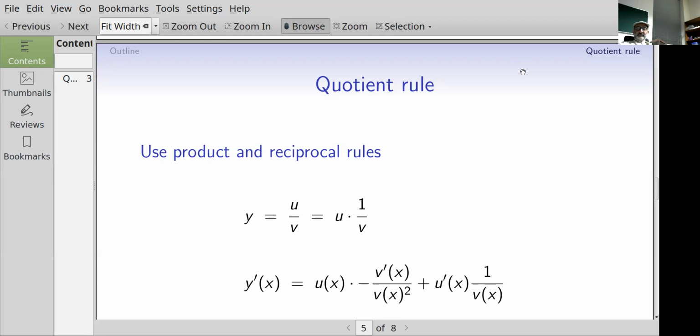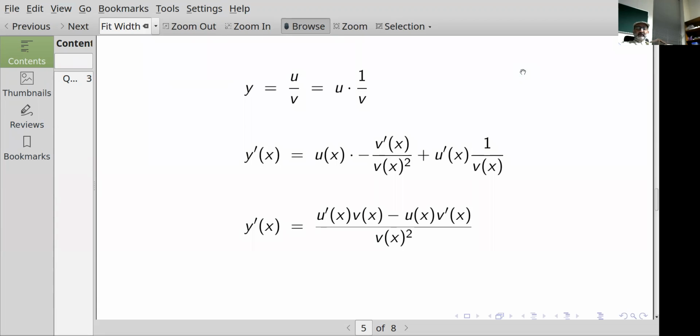Now we could leave it like this if we wanted to, but if we want to put it over a common denominator of v squared, I can multiply the second summand by v over v, and then I will get that the derivative of y is equal to the derivative of u times v minus u times the derivative of v, over v squared. And once again, v of x cannot be 0.